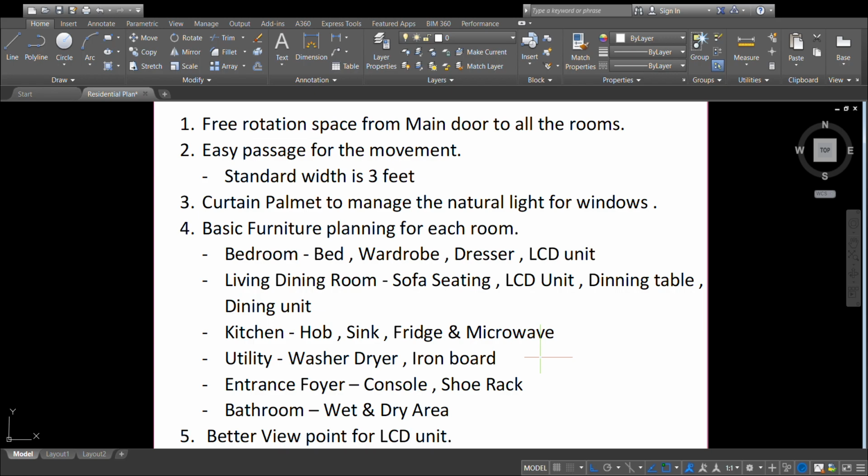And apart from sofa sitting, you can also give other additional sitting, like you have Indian sitting, or you have some extra chairs or poofies coming in, or any kind of sitting. But the basic sofa sitting should be a part of the living dining room. Next is again the LCD unit, very important part of the living area, a dining table and a dining unit. So these are the basic parts of your living dining room.